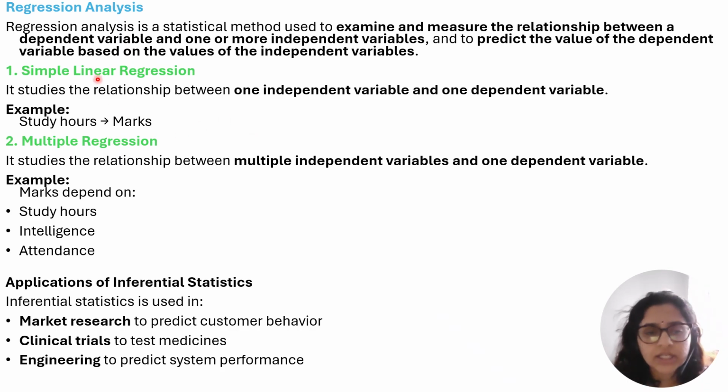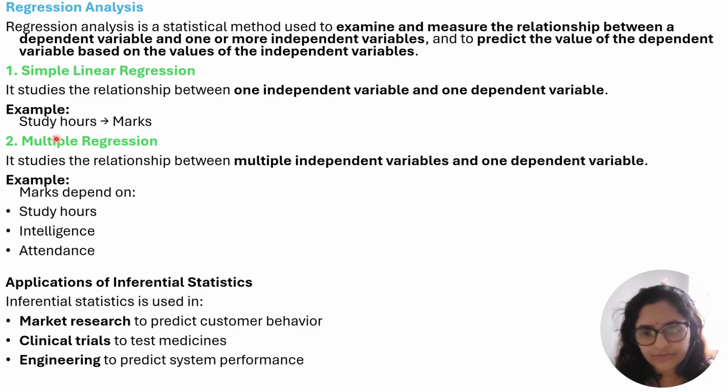Regression analysis is divided into simple linear regression and multiple regression. What is simple linear regression? It will study the relationship between one independent variable and one dependent variable, just one. For example, how study hours will affect marks.